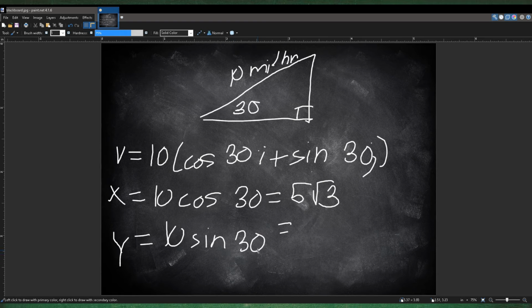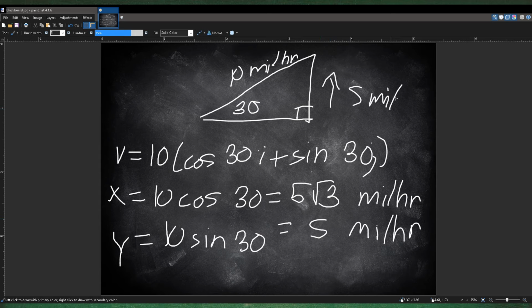And sine of 30 is 1/2, so 10 times 1/2 is 5. So the speed in the x direction is 5 times square root 3 miles per hour, and the y direction is 5 miles per hour. So you're going up 5 miles per hour, and you're going in the horizontal direction 5 square root 3 miles per hour. It's really just that basic.